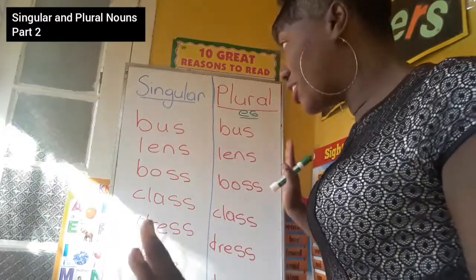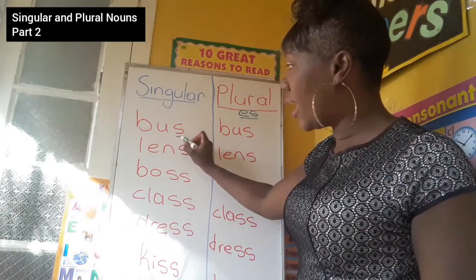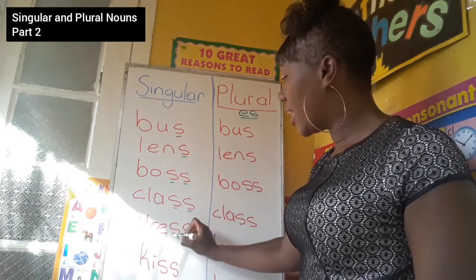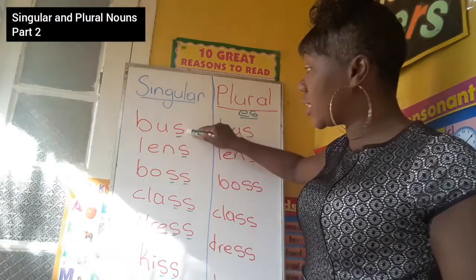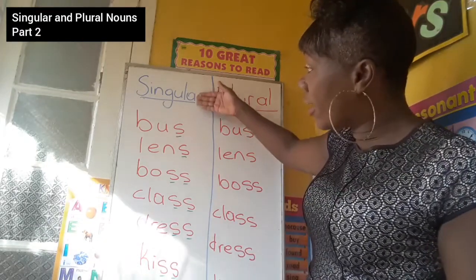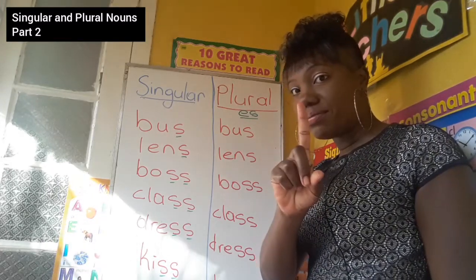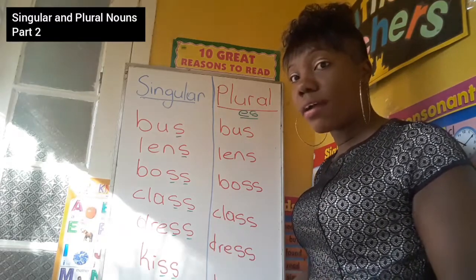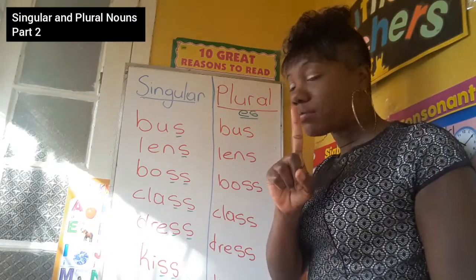Now here we have some words, and they end with S. Some end with a single S, and some end with a double S. Over here they are singular, meaning one. Remember, these are nouns, and nouns are naming words.